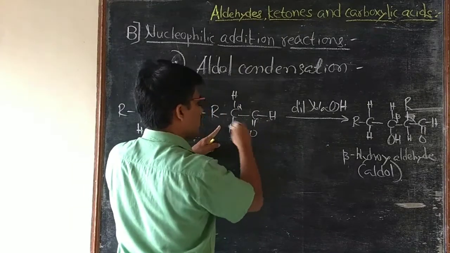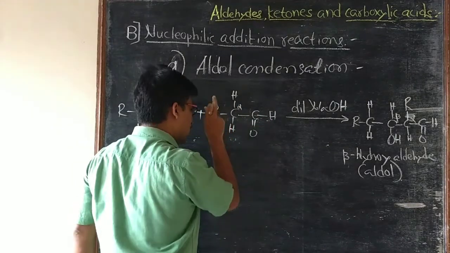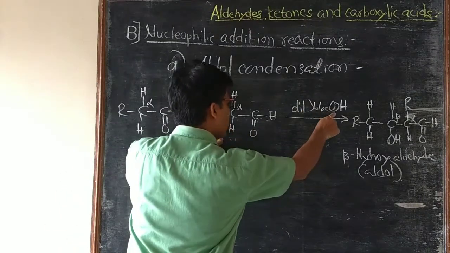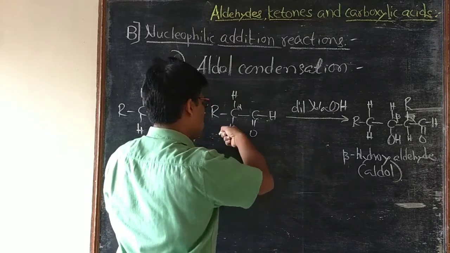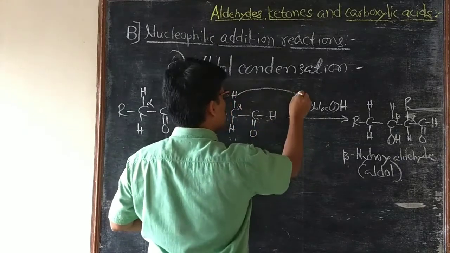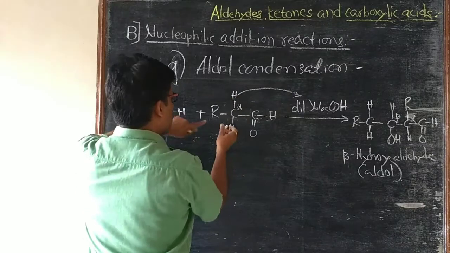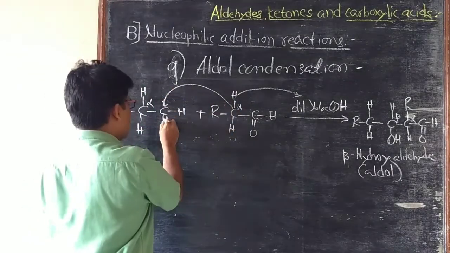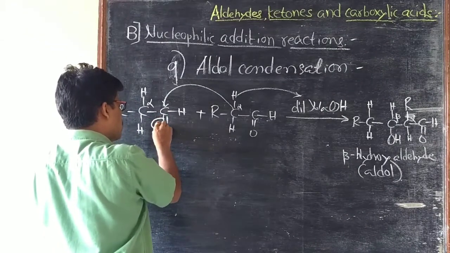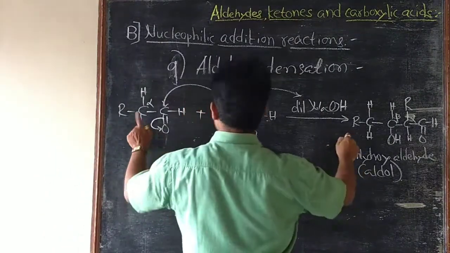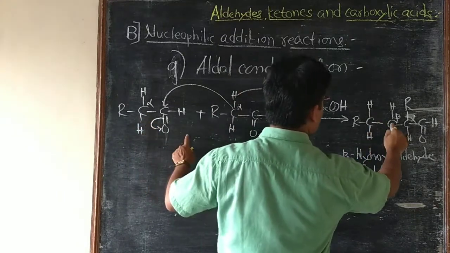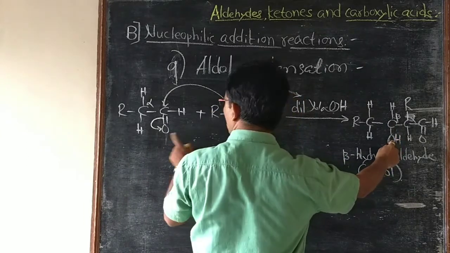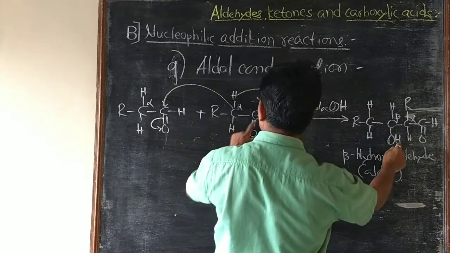The CHO group is an electron withdrawing group, therefore this alpha hydrogen is an acidic hydrogen. OH minus withdraws this alpha hydrogen, therefore this carbanion attacks the carbonyl carbon, then the pi electron pair goes to the oxygen, and afterwards one hydrogen goes to this oxygen, giving OH.